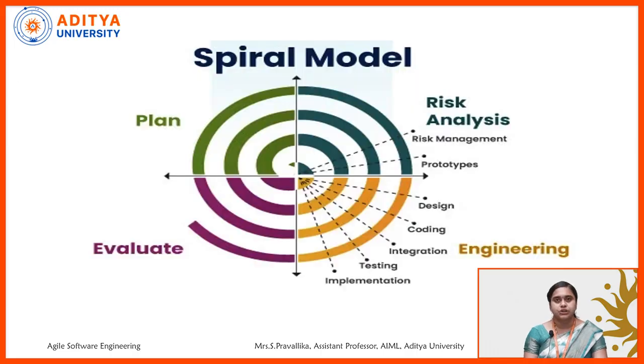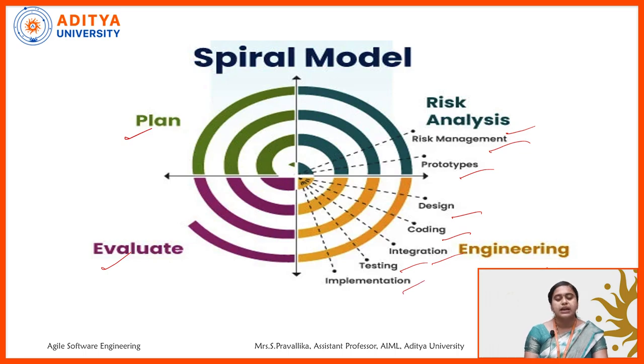This is a representation of the spiral model, where we can see the phases: planning, risk analysis, engineering, and evaluation. First, the planning is done. Then we go to risk analysis, where we monitor risk management as well as prototypes. The next phase is engineering, where we have design, coding, integration, testing, and implementation.